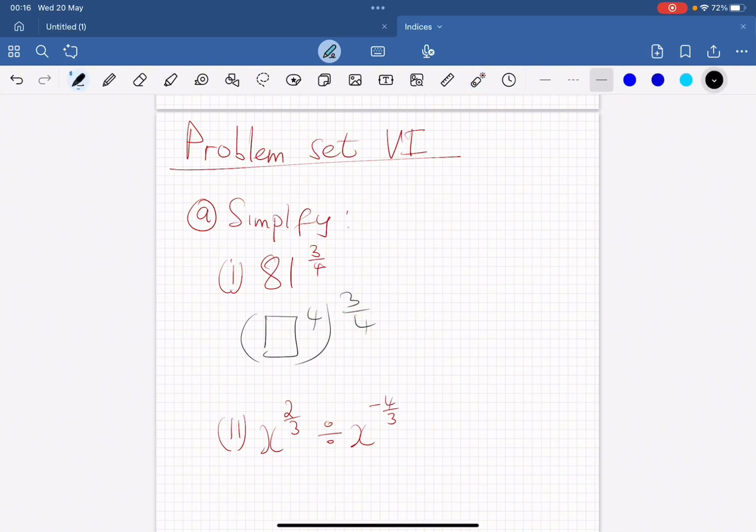Now, what do I know? I know that 9 by 9 is 81, and this is basically 3 squared by 3 squared, which means that 81 is basically 3 to the power 4. So when I multiply, the 4's will cancel out. Hence, I'll have 3 to the power 3, which is basically 27.